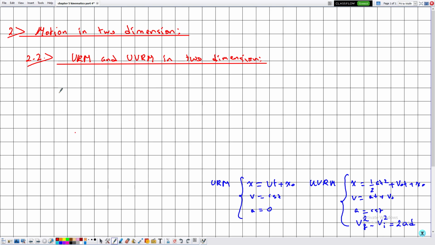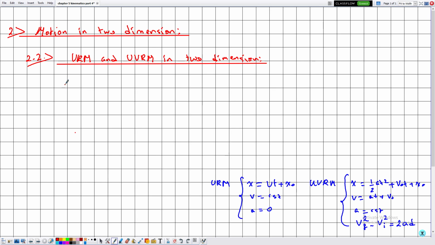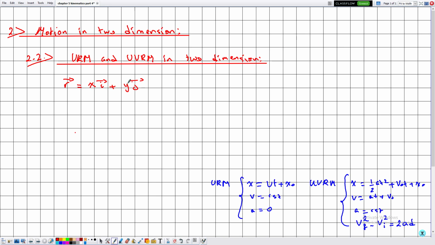Suppose here we have a position vector r. Since the motion occurs in 2 dimensions, the position vector r is expressed as xi plus yj, in which x represents the position along the x-axis and y represents the position along the y-axis.